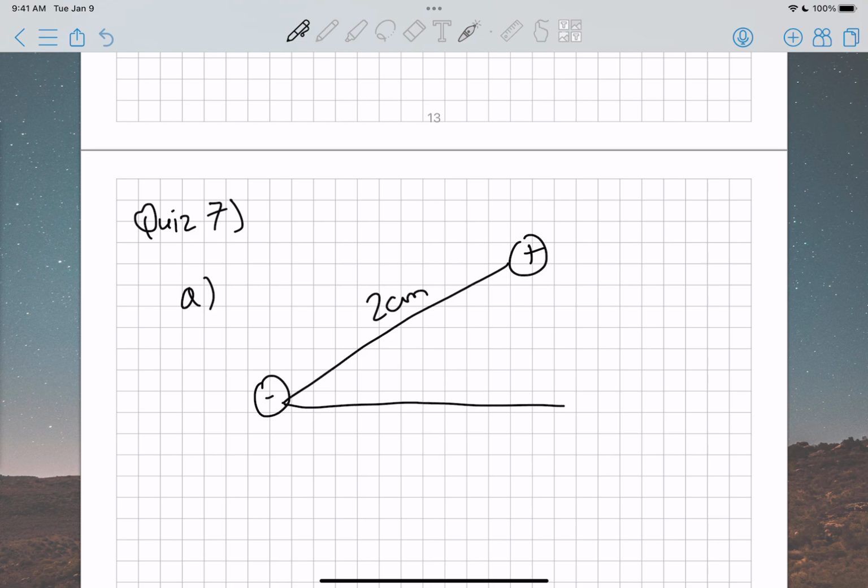The angle between them is 45 degrees. They want you to figure out the force of Q1 on Q3. Or not, that's not what we want to figure out, my bad. It says the force of Q1 on Q3 is 1.42 times 10 to the negative 5 newtons, and now it says determine the x and y components of the force. Okay, so that's probably what you were talking about, Shireen.